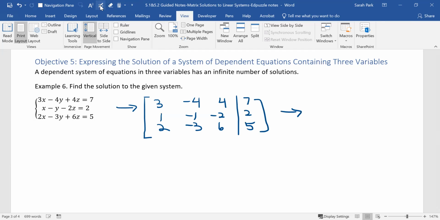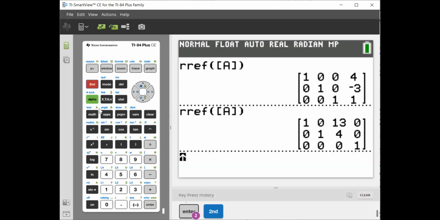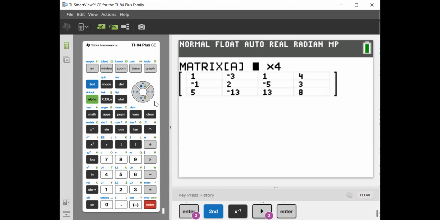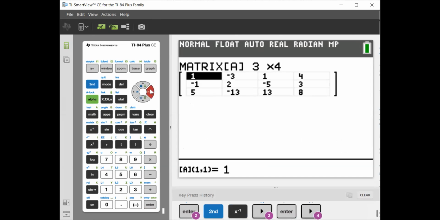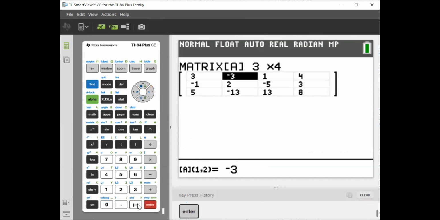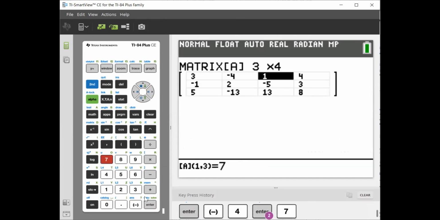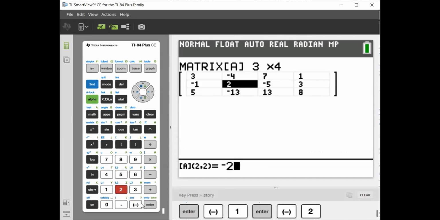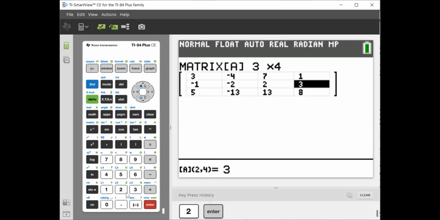I'm going to head back to the calculator and put this matrix in. Okay, second matrix, go to edit. Let's replace all those values from the previous problem. We have 3, -4, 4, 7, 1, -1, -2, 2, and I think I may have put this in wrong.